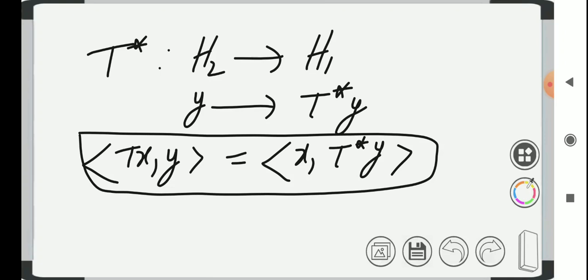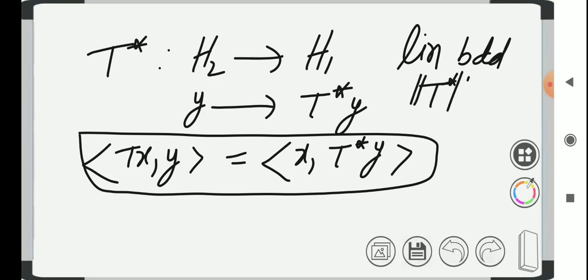We don't know yet whether it is linear, bounded, or what its norm is, but we will show that it is a linear mapping, also bounded, and its norm is the same as the norm of T, because our T was a bounded linear map.